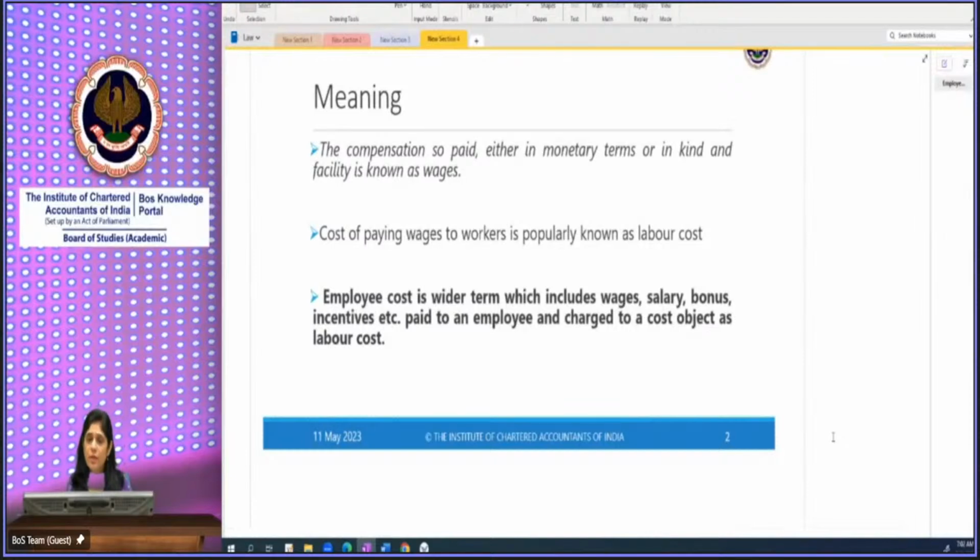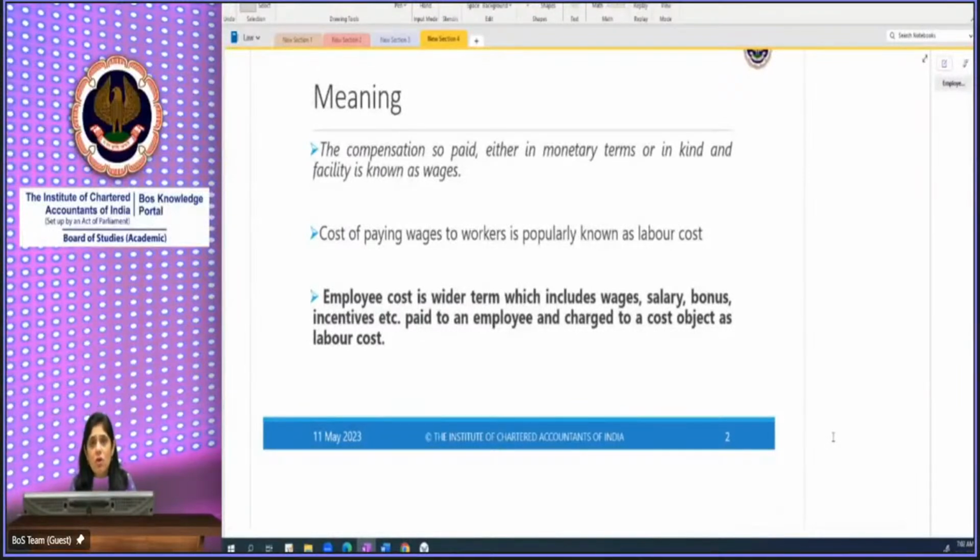For the employer, the 100 rupees which the employer is paying me in cash, plus whatever the employer is incurring on the bus facility, that is also a cost to the employer. So employee cost is not only what the employee is receiving, but much more than that. The employer incurs much cost above whatever is paid to the employee.